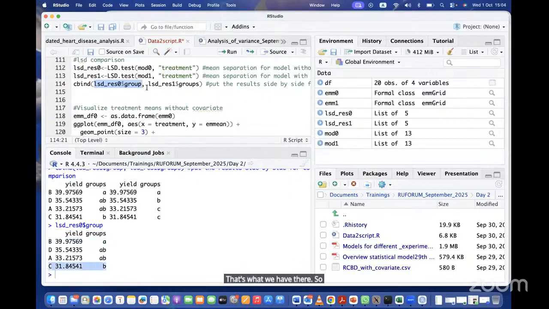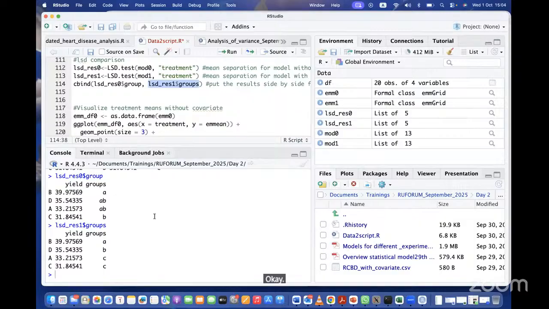So let me check the second one. Okay, so this one did not adjust the mean. I think it did not adjust the mean. So what it did, it just did the testing based on the value.